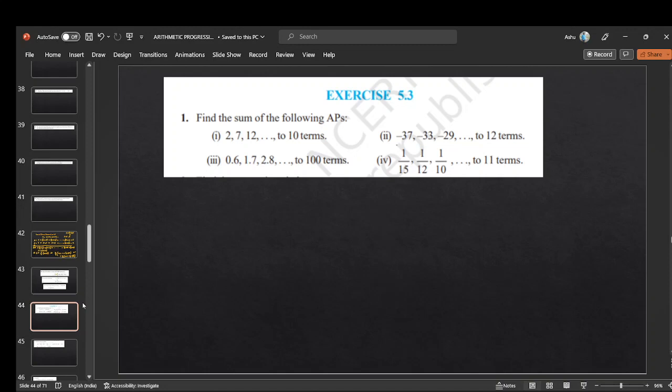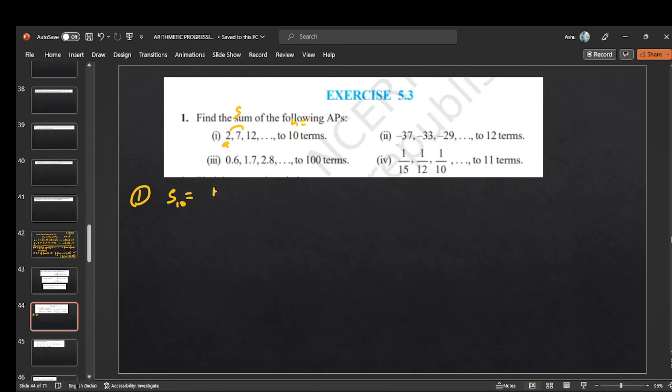Now here we will solve the exercise, exercise 5.3. So the first question is: find the sum of the first 10 terms. So we have the first term a, here is 2, then the difference is 5, then n is 10. Clear?